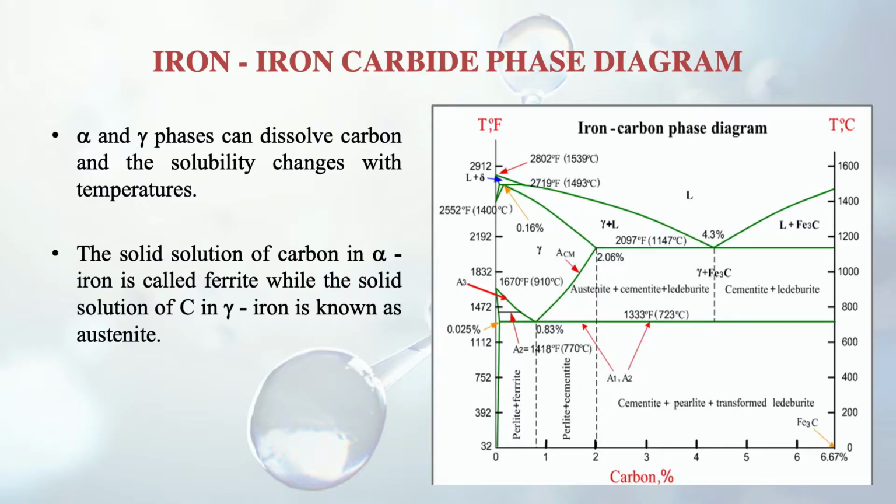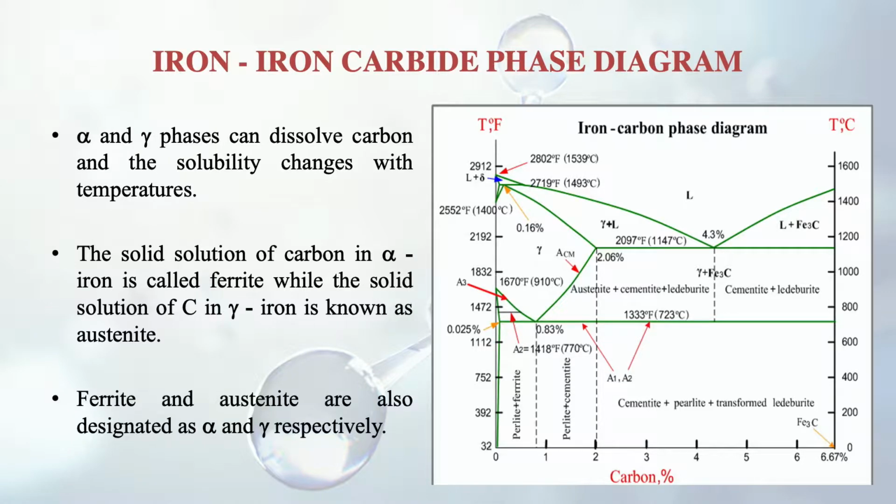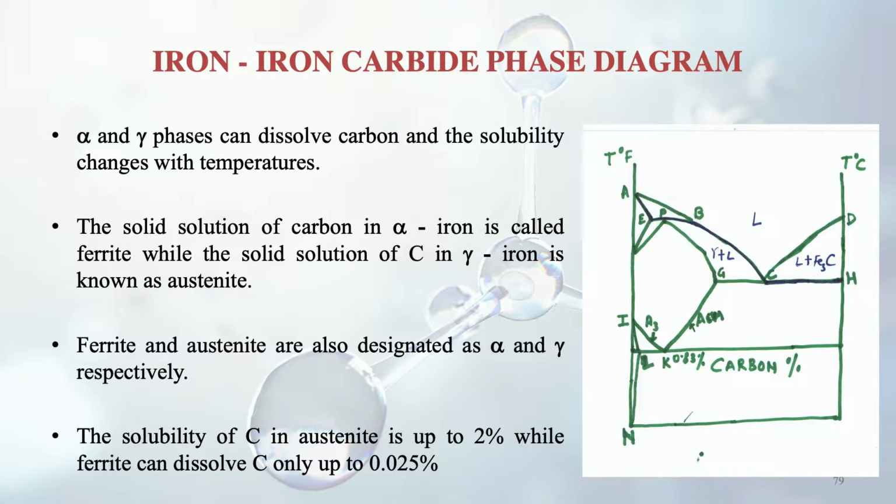Temperature is on the y-axis and the carbon percentage is on the x-axis. The solid solution of carbon in alpha iron is called ferrite, while the solid solution of carbon in gamma iron is known as austenite, as I told you earlier. Ferrite and austenite are also designated as alpha and gamma respectively. The solubility of carbon in austenite is up to 2%, while ferrite can dissolve carbon only up to 0.025%.